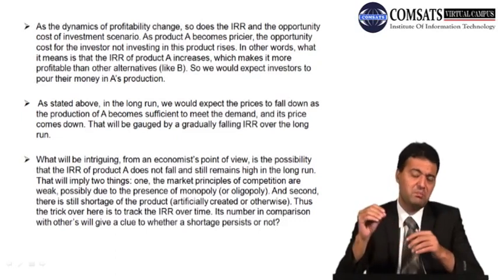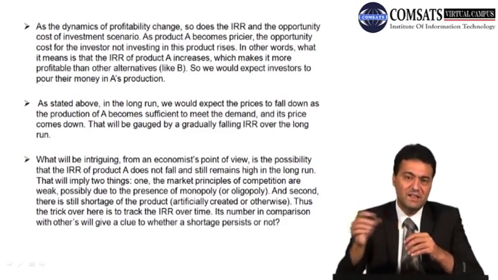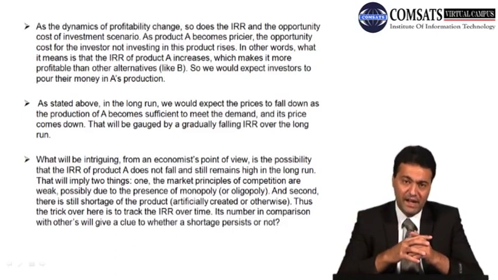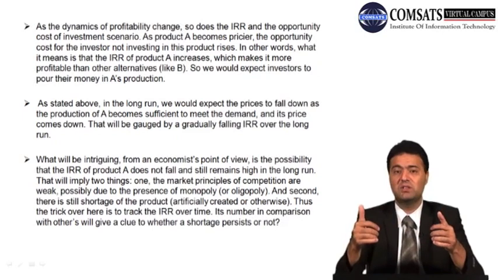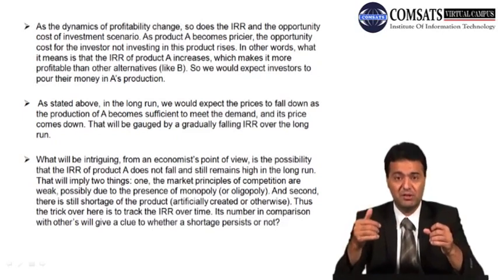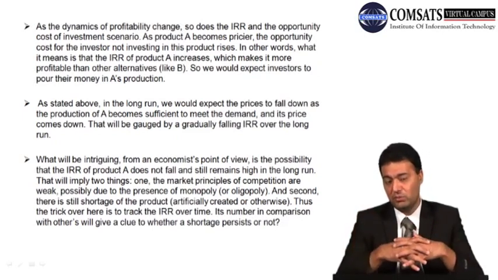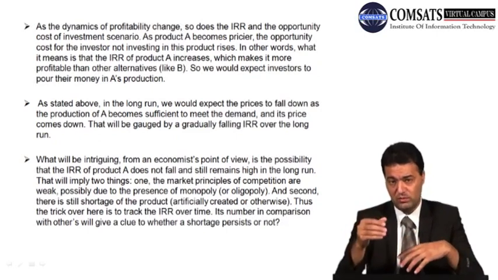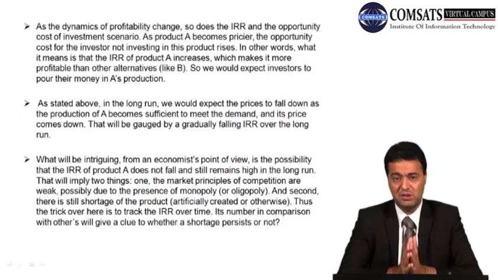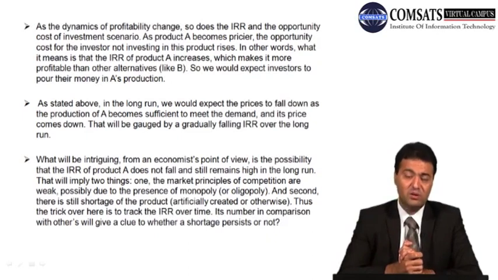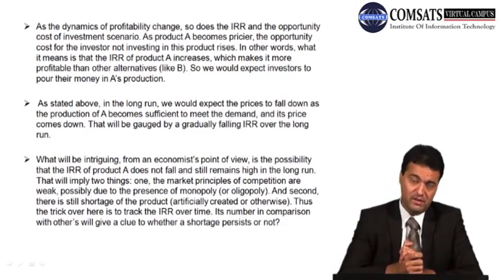Has it stayed the same over the long run? Has it increased? If it has increased or stayed the same, then the shortage which was there in the short run still persists. For a product whose internal rate of return has remained stubbornly the same, or hasn't declined, there is still shortage of it, and still a lot more demand for it than there is supply.